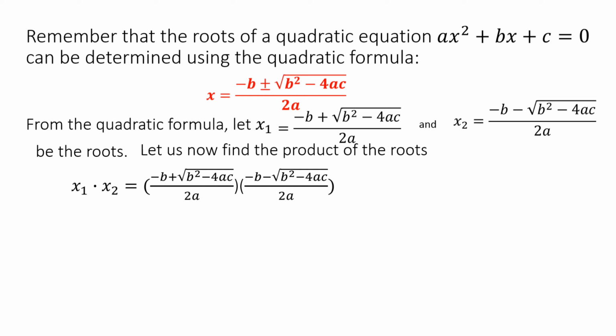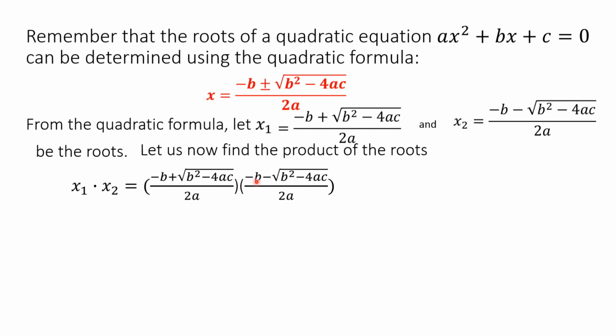Since the value of x sub 1 is this, we write here times the value of x sub 2, which is negative b minus square root of b squared minus 4ac over 2a. Okay? So if you multiply that, this is a special product, the product of the sum and difference of two similar binomials.